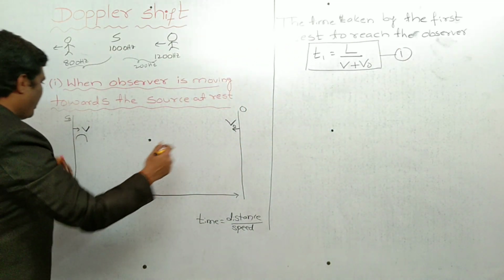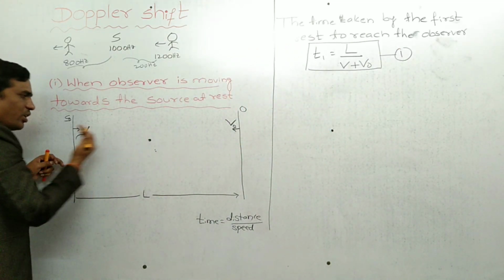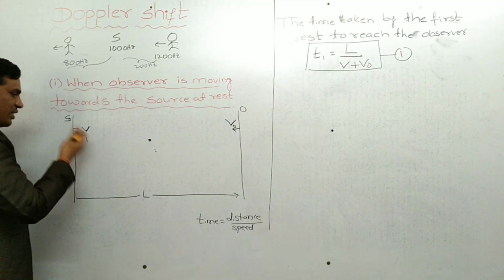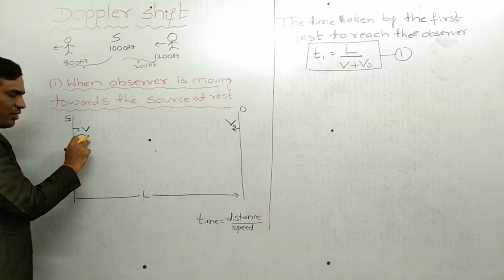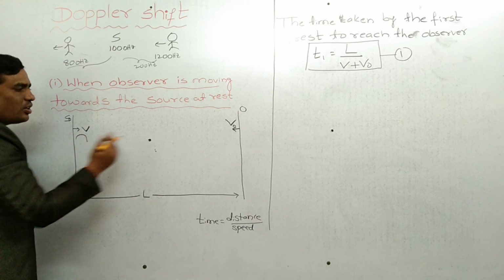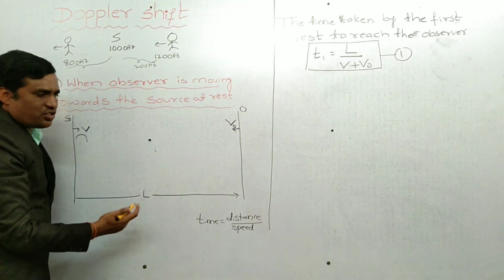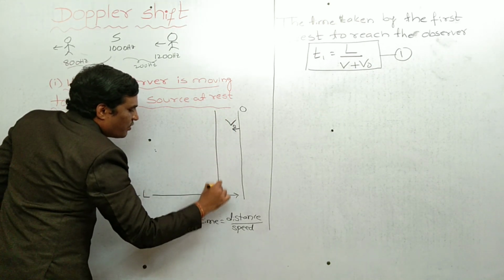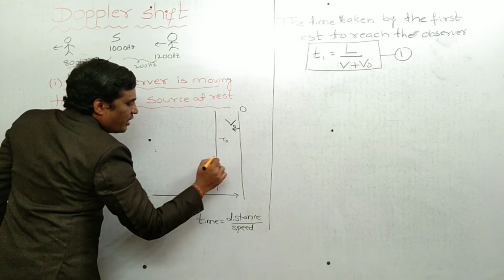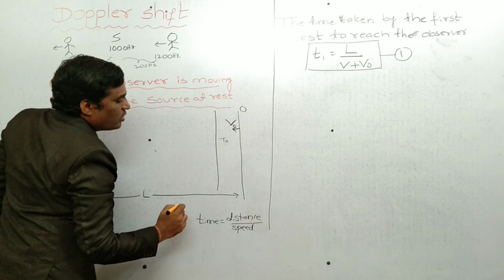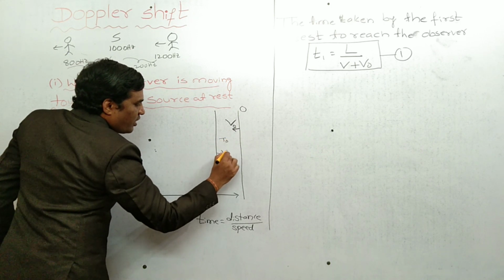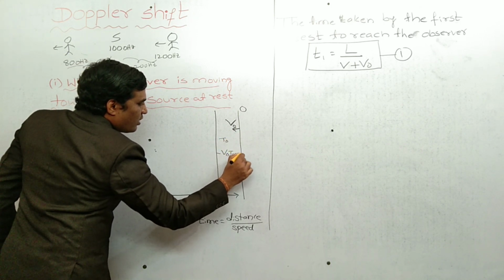Now similarly, observer is moving towards the source. Now the source produces a second crest after t naught time interval. But during that time, the observer travels a certain distance. Distance equals speed into time, so v naught into t naught.